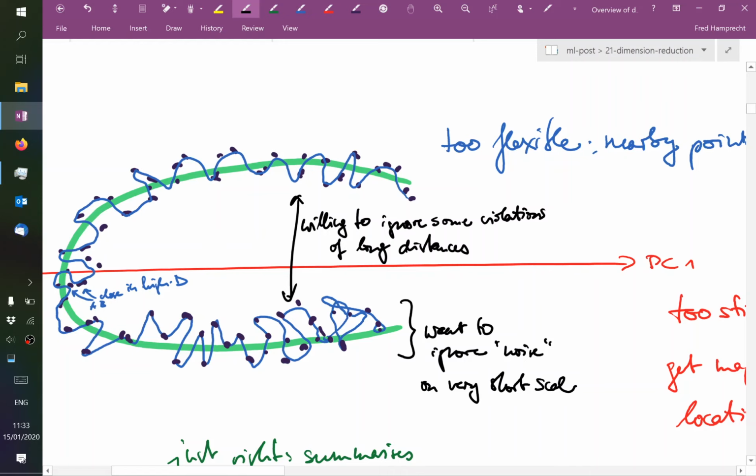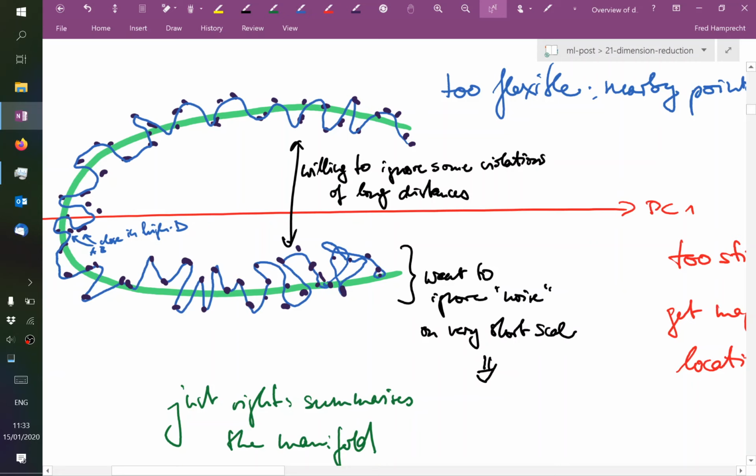And usually, what I want to ignore entails some parameter θ1, and the threshold beyond which I'm willing to ignore some longer distances also entails some parameter θ2.